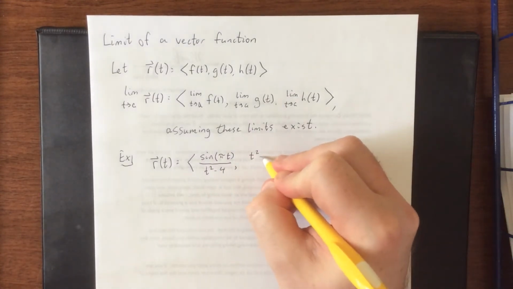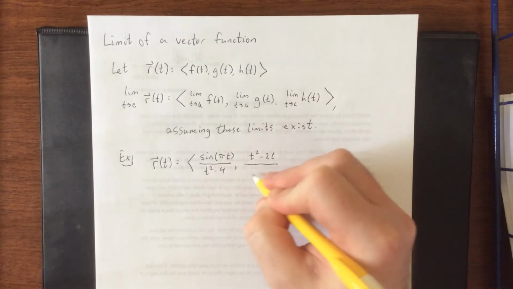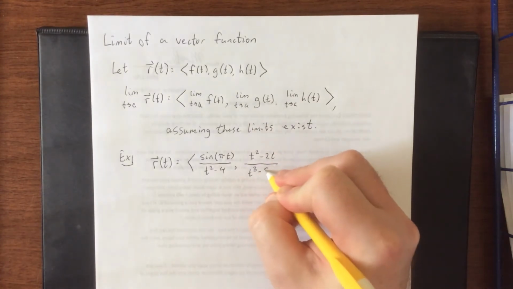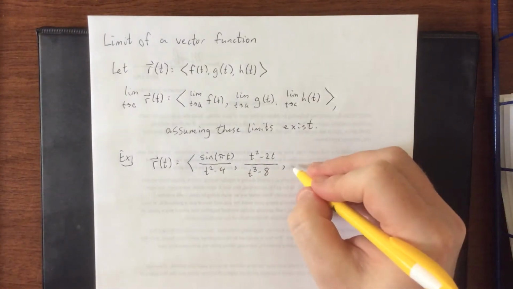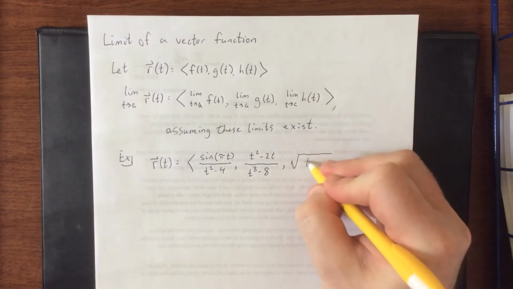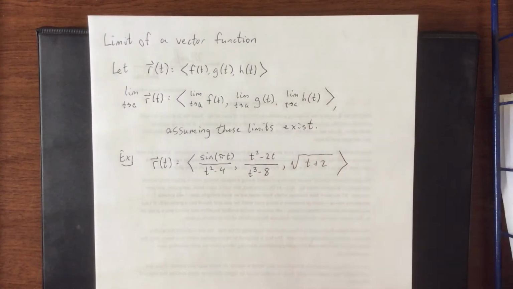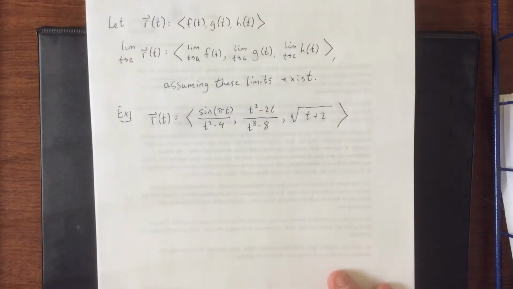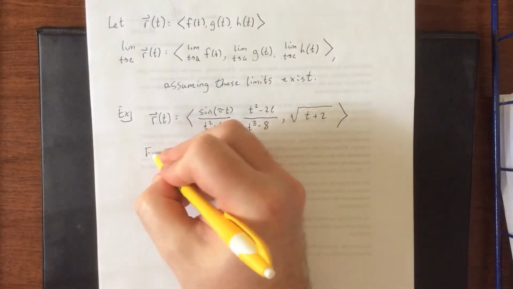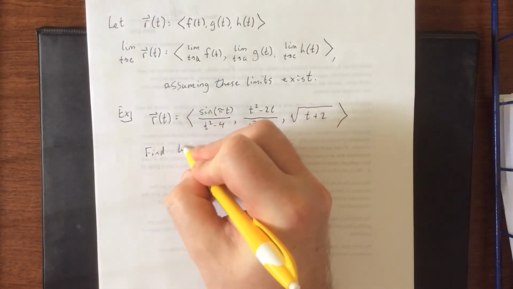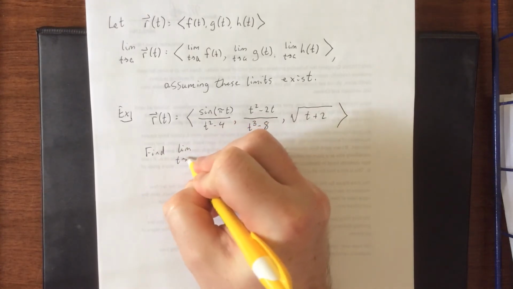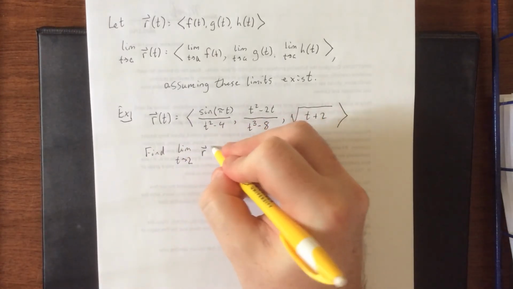Let's do t squared minus 2t over t cubed minus 8. And finally, let's do the square root of t plus 2. What I'd like to do is find the limit as t approaches 2 of r of t.